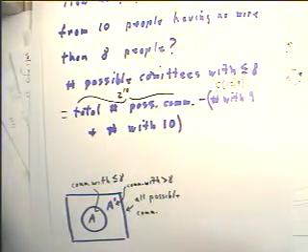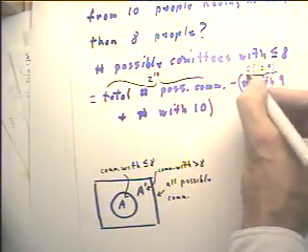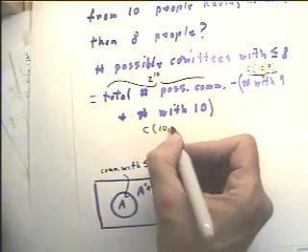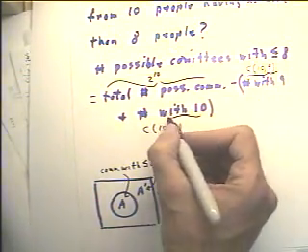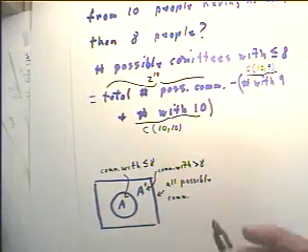Since there are 10 possible people you can exclude, there are 10 possible committees. So the number with 9 is C of 10, 9, and the number with 10, of course, is C of 10, 10. Of course, the only committee that has all 10 people is the set consisting of all 10 people.